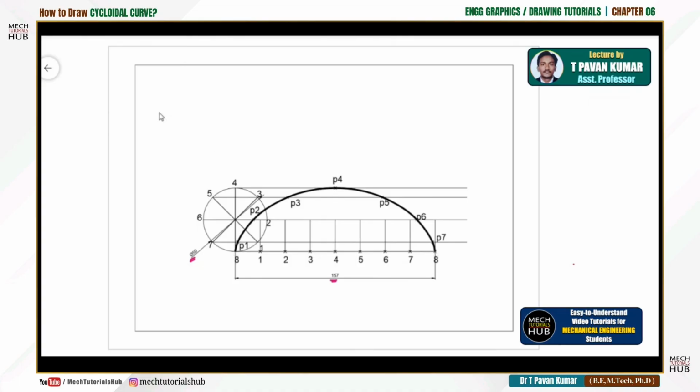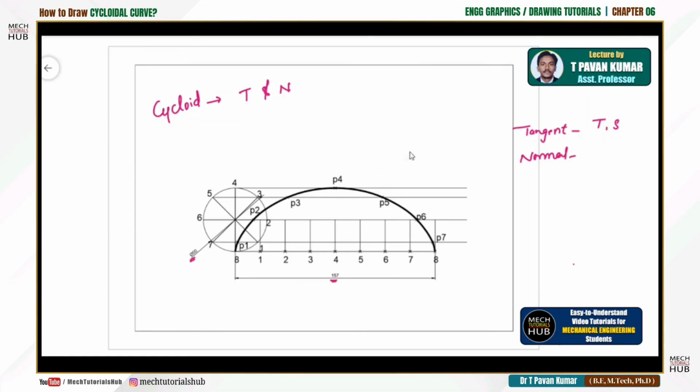Now for the same cycloidal curve, they may ask you to draw tangent and normal. Now tangent, let me write it somewhat aside. The tangent is always denoted with T, S. Normal is always denoted with M, N. Try to understand.